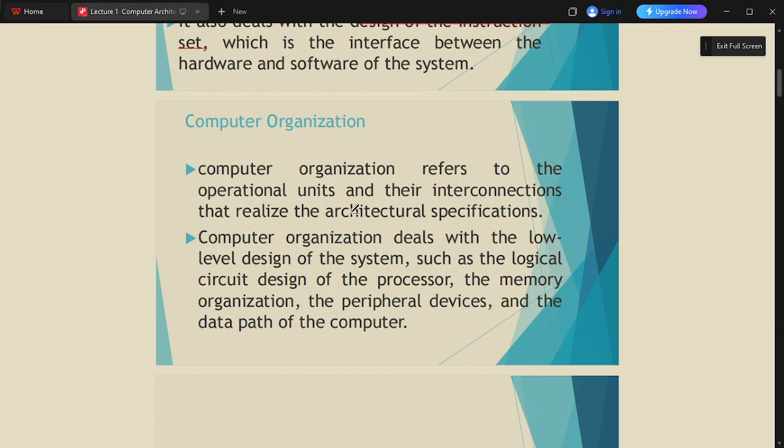Trying to understand this point, we would just say computer organization describes how the internal parts of a computer work together to carry out tasks. I would say computer organization is more about the behind the scenes operations. It just talks about the internal parts, how they all interact together, not the external parts like computer architecture.